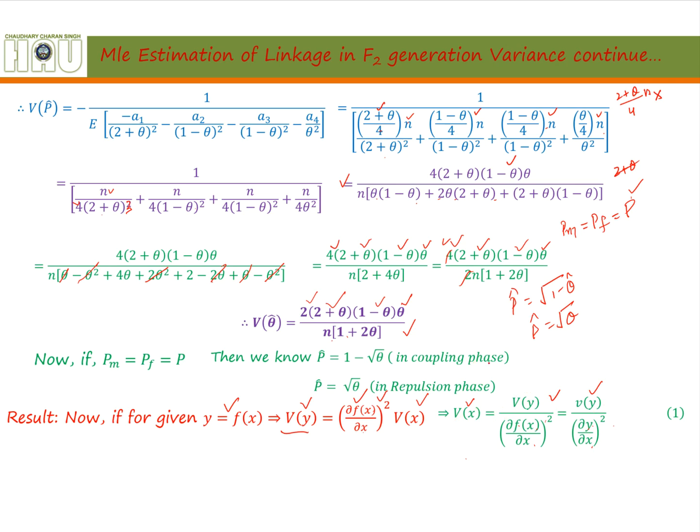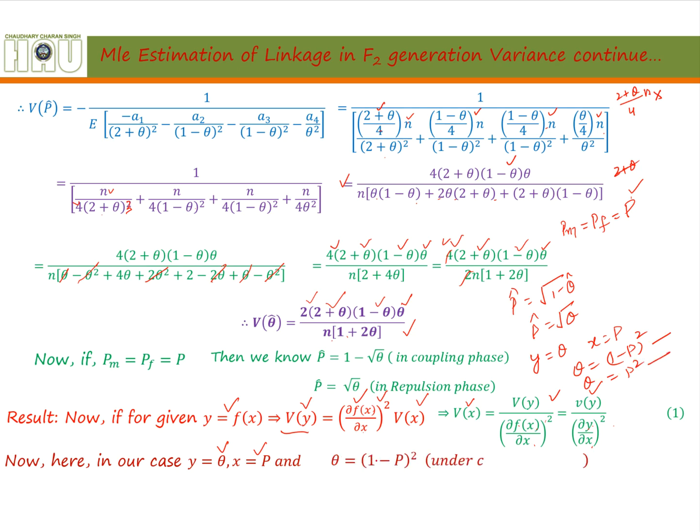But how can we use this result in our case? In our case, what is your y? Y is nothing but theta, and x is the recombinant fraction p. So in our case, y will be equal to theta and x will be equal to p, and theta is nothing but (1 minus p) whole square under coupling phase, and theta will be equal to p square in repulsive phase.